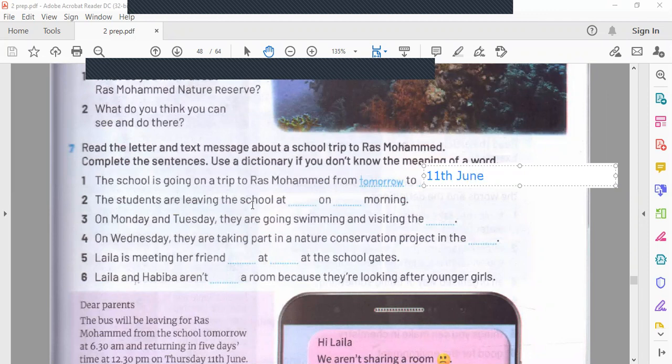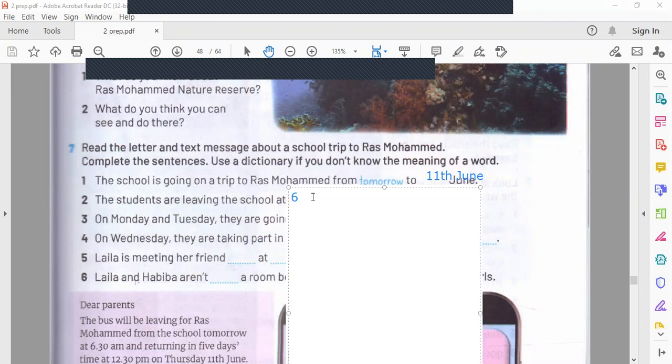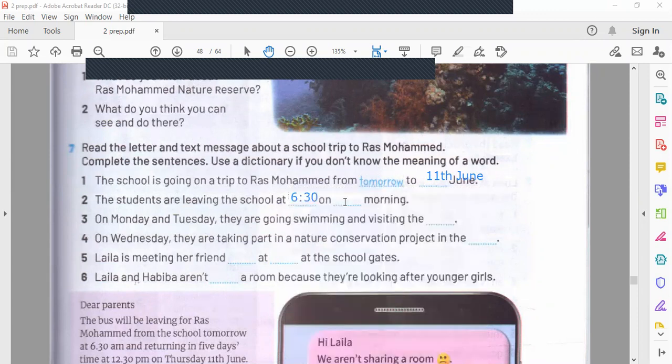The students are leaving the school at, yes, 6:30 in the morning.